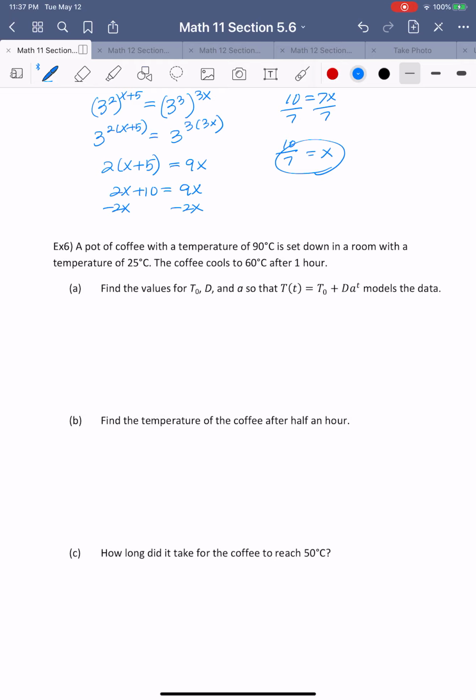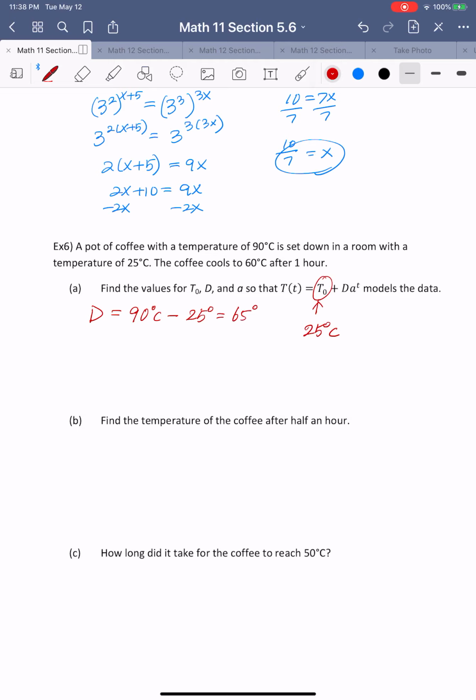Okay, so the room temperature is T sub 0, equal to 25. So T sub 0 I can use as 25 degrees. And then the initial temperature difference between the coffee and the room is what represents D. So you subtract the 25 degrees from the 90 degrees, which makes 65 degrees.